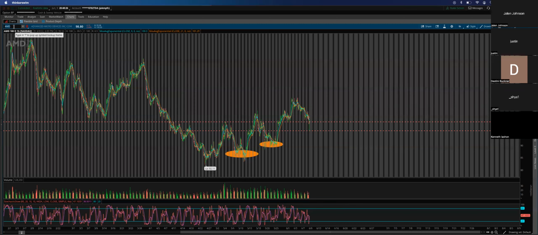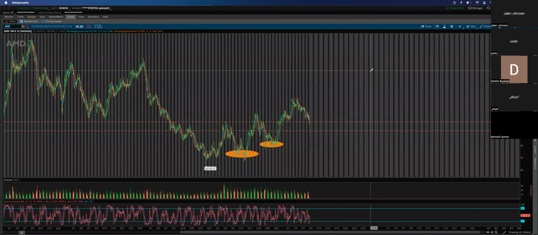That was pretty much just chop, honestly. I wouldn't call that a zone because remember, when we're identifying zones, we want to have an imbalance move and then a balanced move, right? First. Right, we want to have that, and then we want to have an imbalance. That's the thing that didn't make an actual imbalance move.